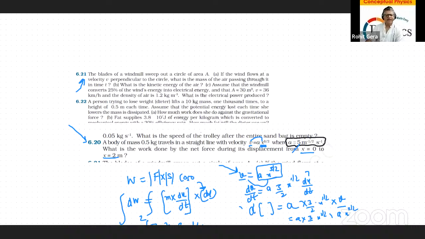It hasn't given that okay, so they sweep a circle of area A in how many seconds? If you sweep a circle of area A, if we don't know the radius, we know the area. So area is equal to pi r square, and so r is given by the square root of A upon pi.